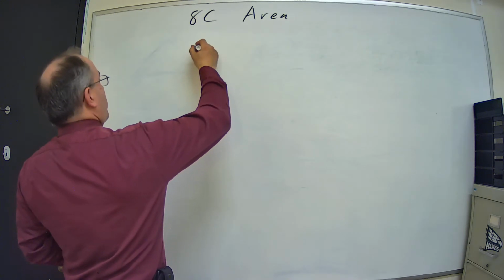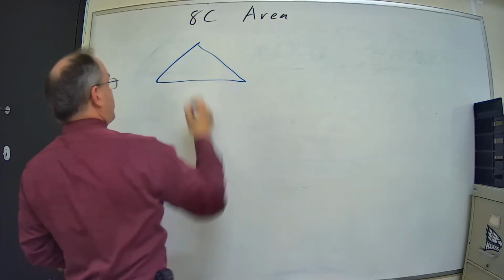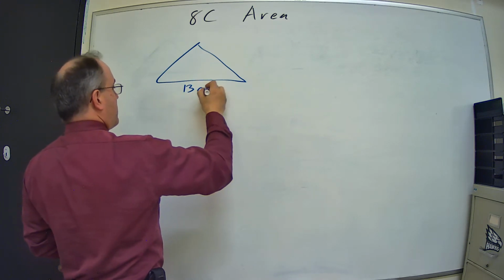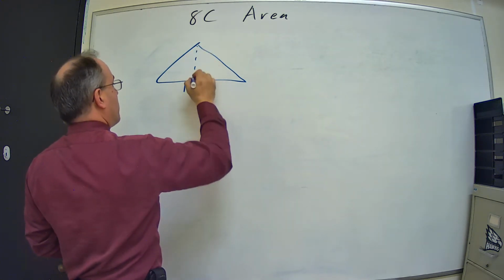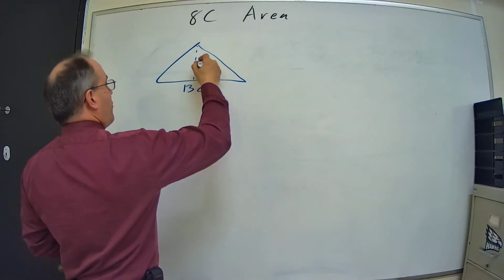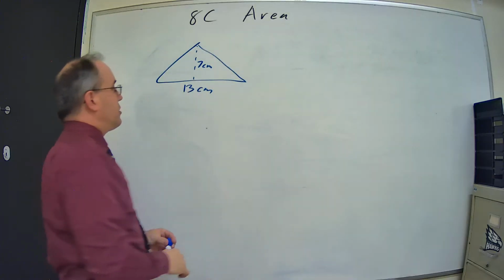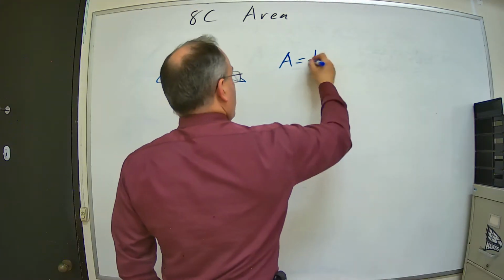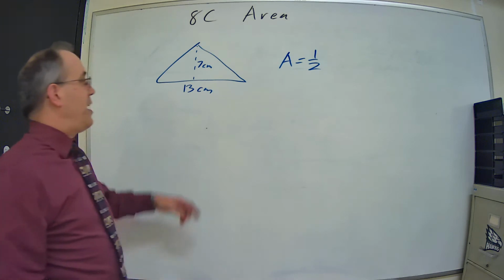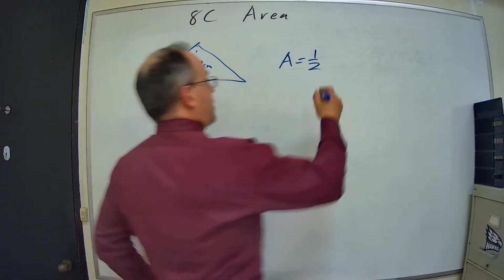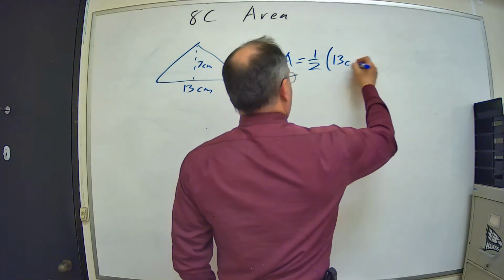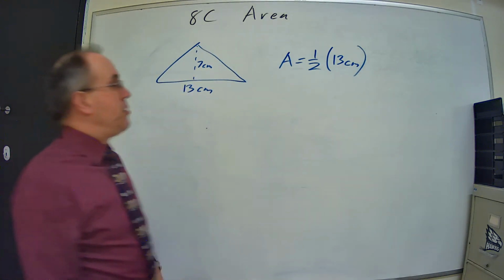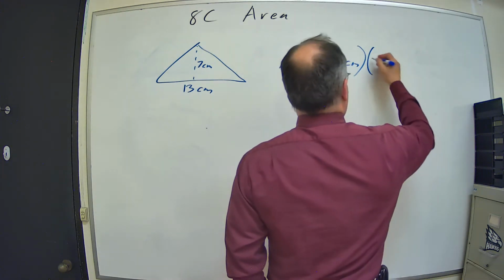If we have a triangle with a base of 13 centimeters and a height of 7 centimeters, then the area is equal to 1/2 times the base being 13 centimeters times the height being 7 centimeters.